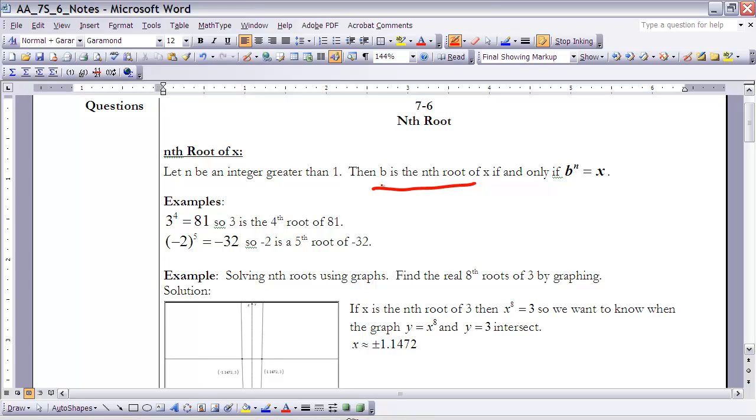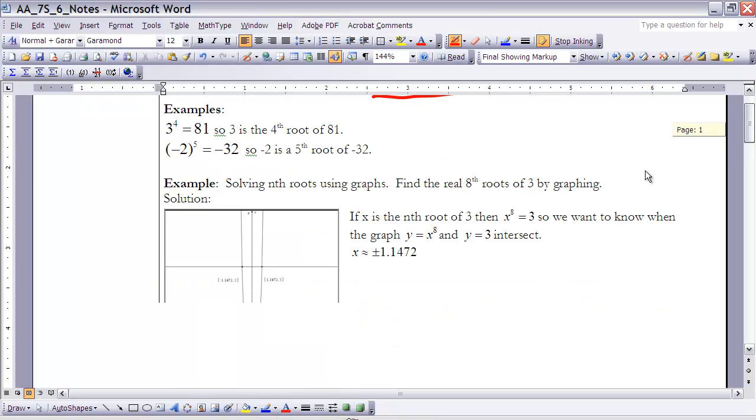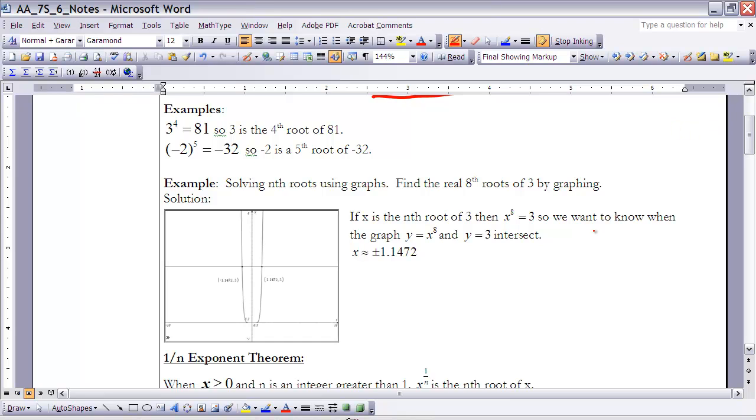Let's take a look at this example here. It says solving the nth roots using graphs. Find the real 8th root of 3 by graphing. We can use our graphing calculator and graph x to the 8th, and the line y equals 3.